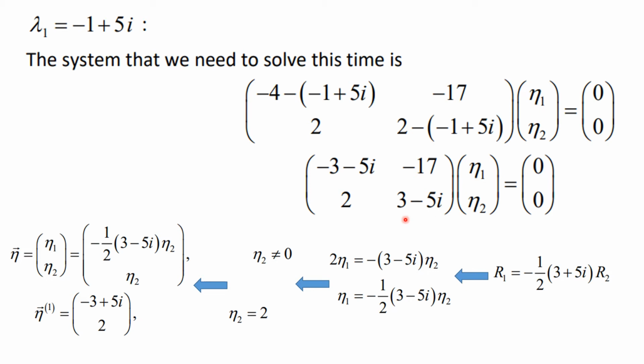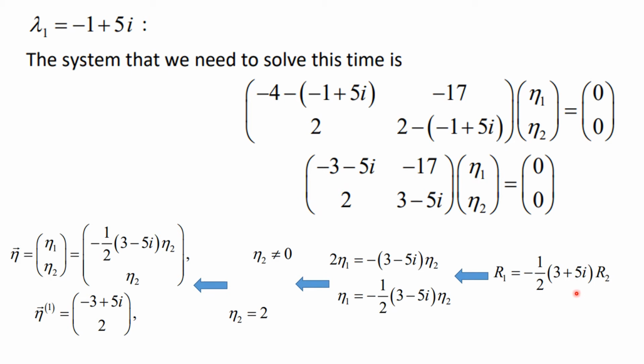Now, it might not be obvious, but these two really are the same ratios. What will happen is that here the ratio is going to be minus 1/2 times 3 plus 5i. And over here you would get the same thing if you multiply top and bottom by the conjugate of the denominator. Okay, so we have that, and we'll use the ratio of a_1 to a_2 is this.